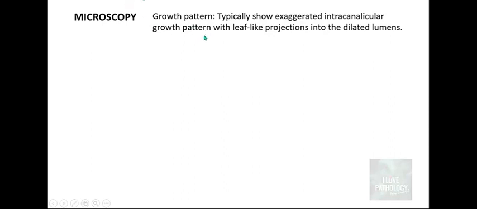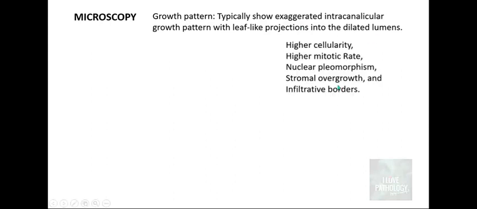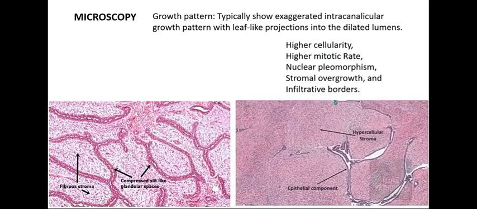This Phyllodes tumor microscopy is an exaggerated intracanalicular growth pattern with leaf-like projections into the dilated lumens. Let us understand this. Okay, and these tumors, in contrast to fibroadenomas, have higher cellularity of the stroma, higher mitotic rate, nuclear pleomorphism, stromal overgrowth, and infiltrative borders.